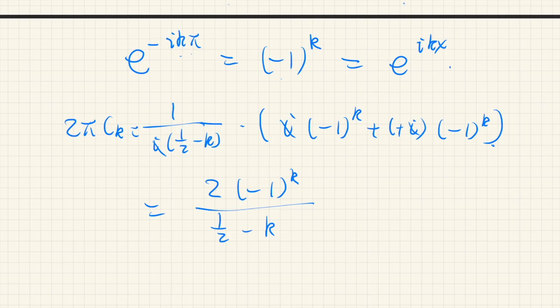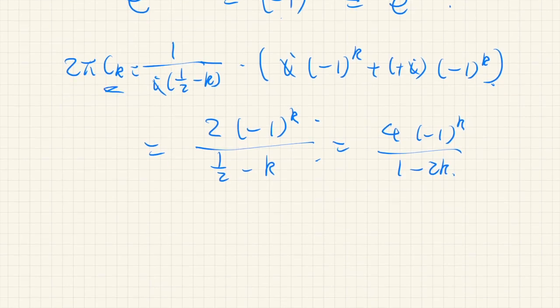And let's see, so let's multiply both here and here by 2. We have 4 minus 2k. So ck is this divided by 2 pi.